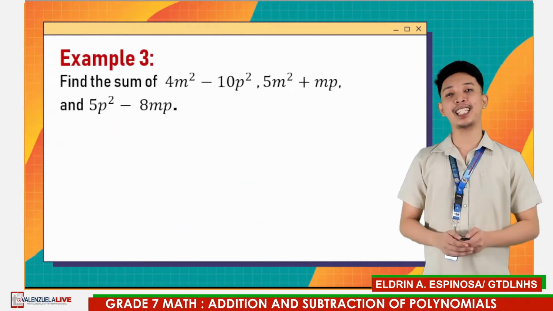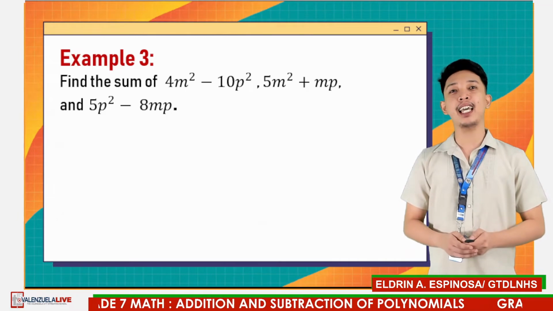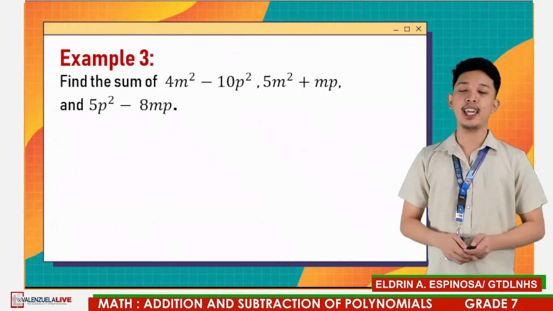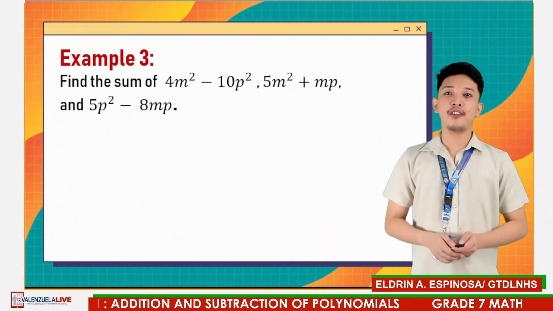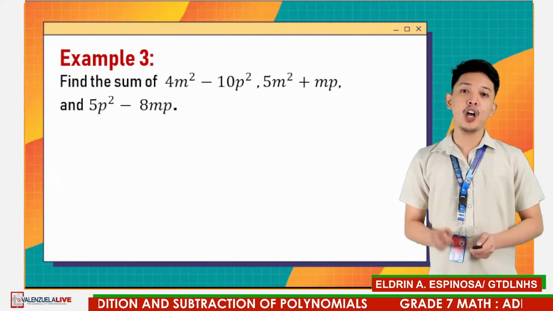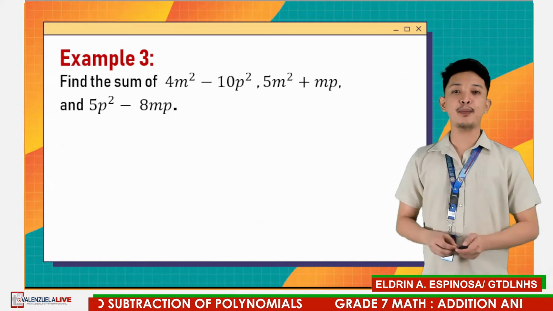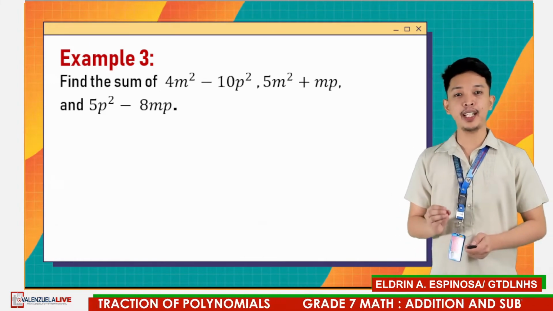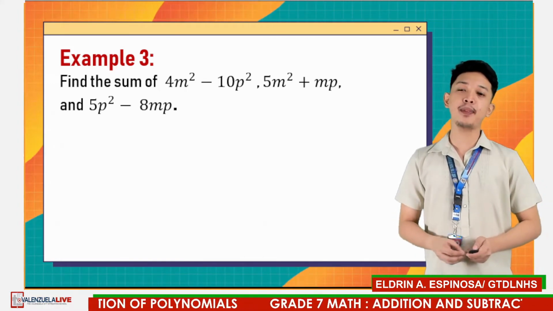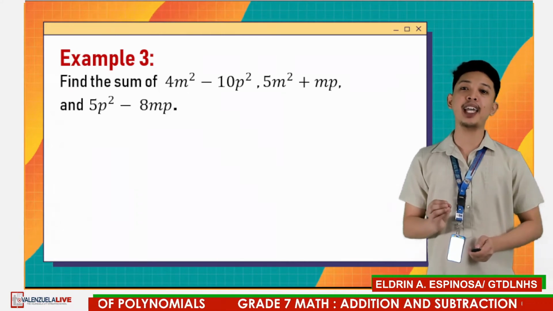And for the last example for additional polynomials, let's try this. Example number 3. Find the sum of the binomial 4m squared minus 10p squared, the binomial 5m squared plus mp, and the binomial 5p squared minus 8mp.